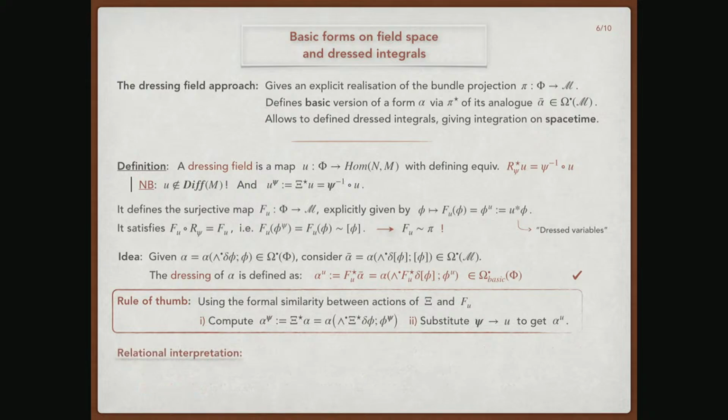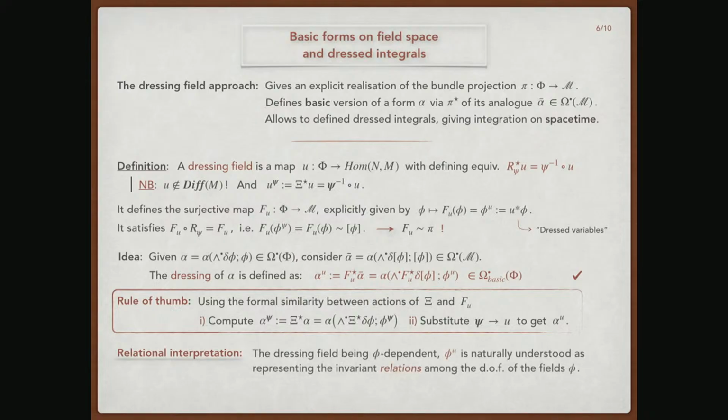So that way of doing things has a nice relational interpretation, because the dressing field is, by construction, dependent on the field space, meaning that to build my dressing field, my U, I use the degrees of freedom that I have available.